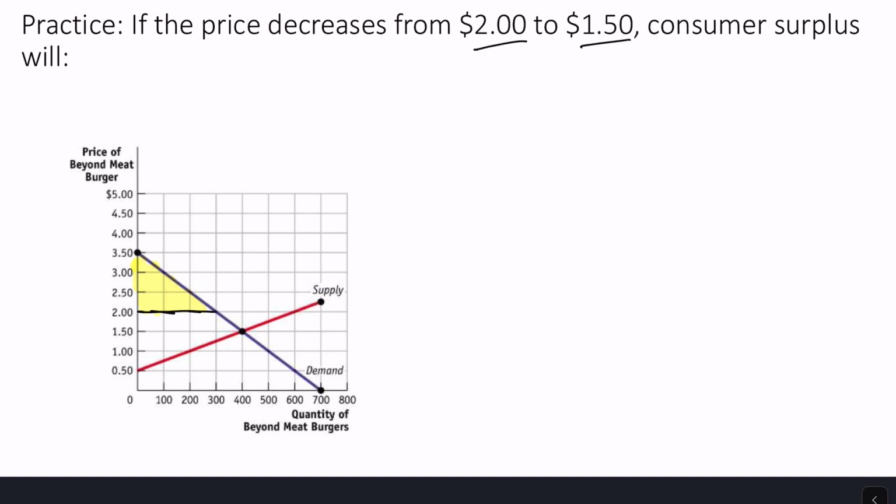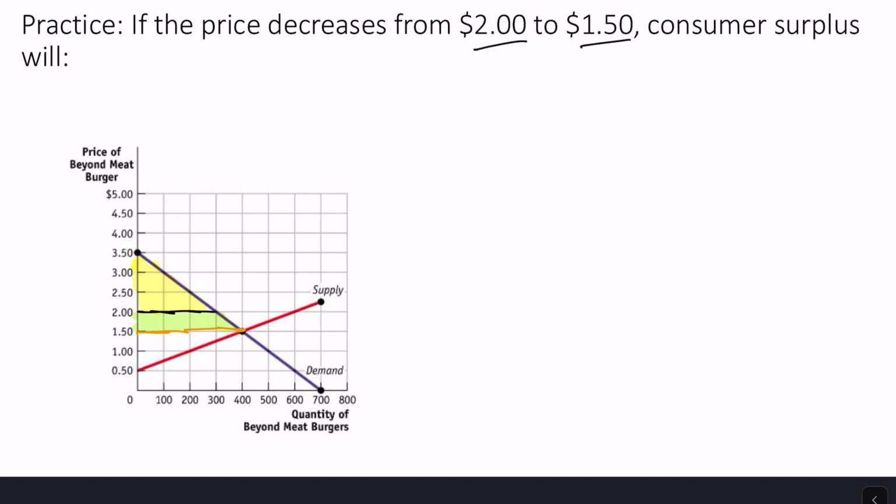Now, if the price goes down to $1.50, then we'd have that yellow triangle, that consumer surplus is still there, but then we'd add in this green area as well. So the whole colored area would be the new consumer surplus if the price goes down to $1.50.